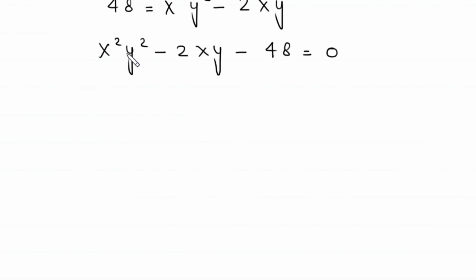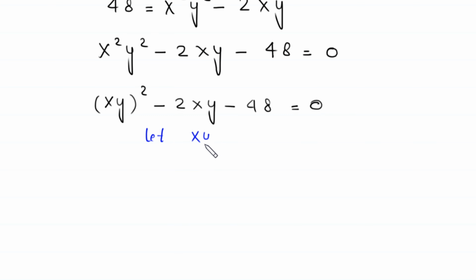Now this x squared y squared can be written as x times y whole squared minus 2xy minus 48 is equal to 0, and from here we suppose that let x times y is equal to t, so this equation will become t squared minus 2 times t minus 48 is equal to 0. Now this is a quadratic equation and is factorable. We write this t squared.